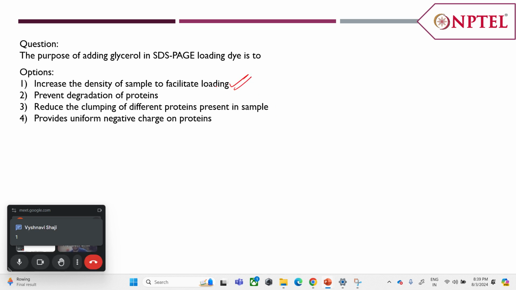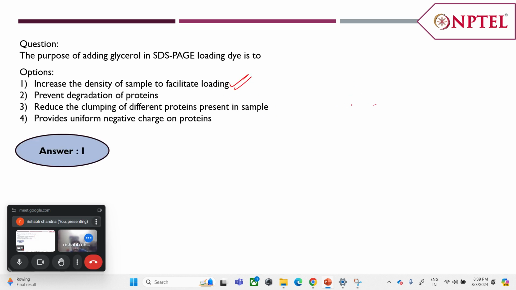Glycerol has high density. Consider this as a PAGE gel, and these are the wells that we form. Whenever we add a protein here, it has high density, so it goes directly down to the bottom of the well.